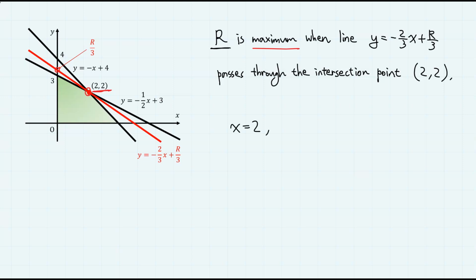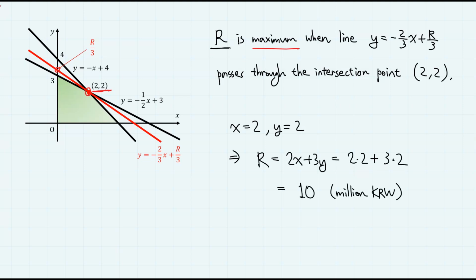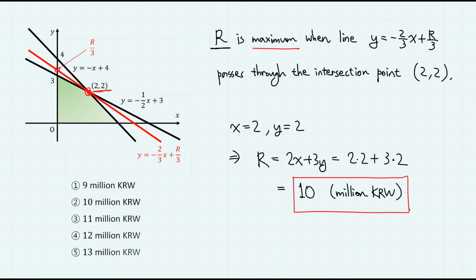Therefore, using the values x equals 2 and y equals 2, the maximum revenue is 2 times 2 plus 3 times 2, which gives 10 million Korean won. Therefore, choice 2 is the correct answer.